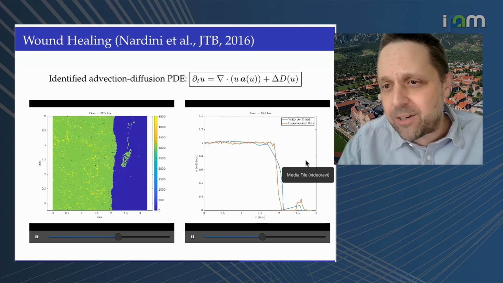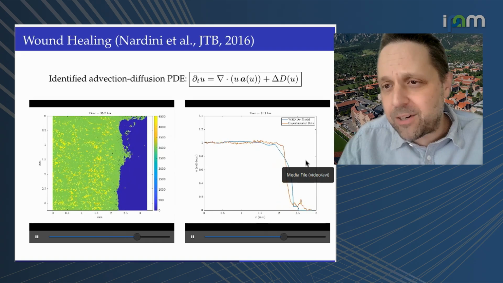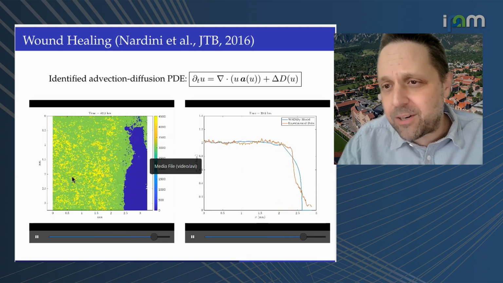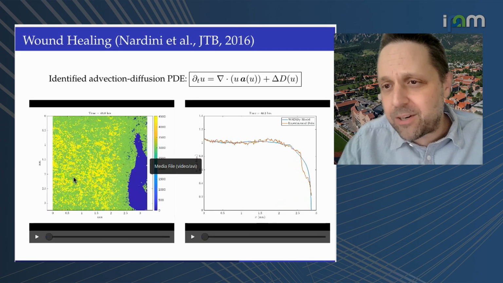This is an example from wound healing. What you have here on the left is a two-dimensional picture of cells, and we're actually able to find the individual trajectories for the nuclei, and you can see them going from left to right as they fill in this artificially scraped off piece on the plate. You can collapse it to a one-dimensional wave.